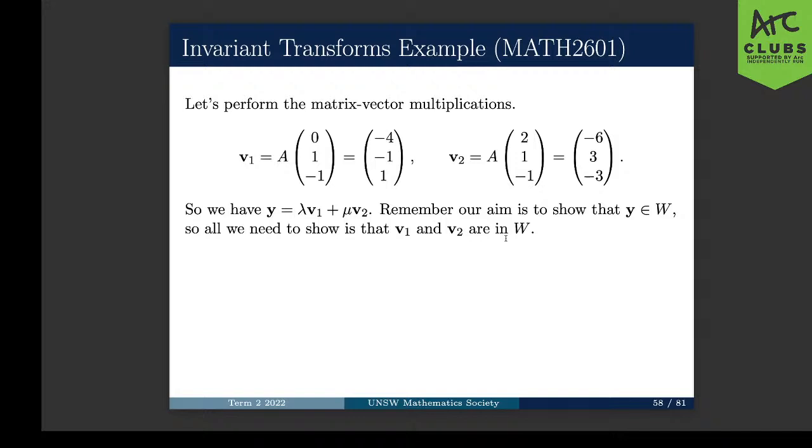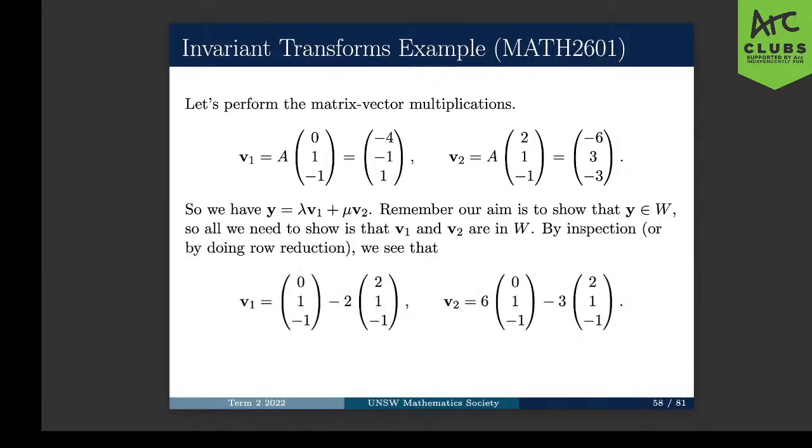We can do this by inspection, just looking at -4, -1, and seeing how it can be formed from 0, 1, -1, and 2, 1, -1. Or we can do row reduction, which will be longer. For the sake of time, the inspection method is here. So V1 ends up being 0, 1, -1 minus 2 times 2, 1, -1.